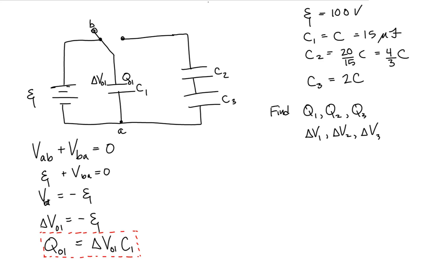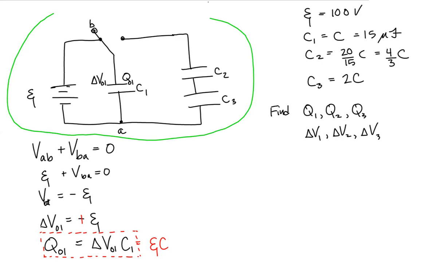We're going to end up taking the magnitude of that EMF, because this formula relating potential difference, capacitance, and charge corresponds to the magnitude of those quantities. So I'll write this as Psi times the capacitance of capacitor 1. We now know what the charge on capacitor 1 is before we throw the switch. I'm going to recopy this to the next page.